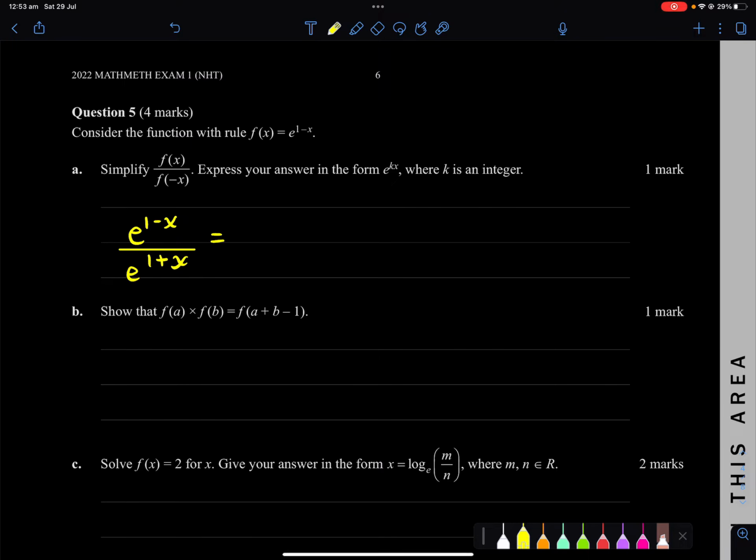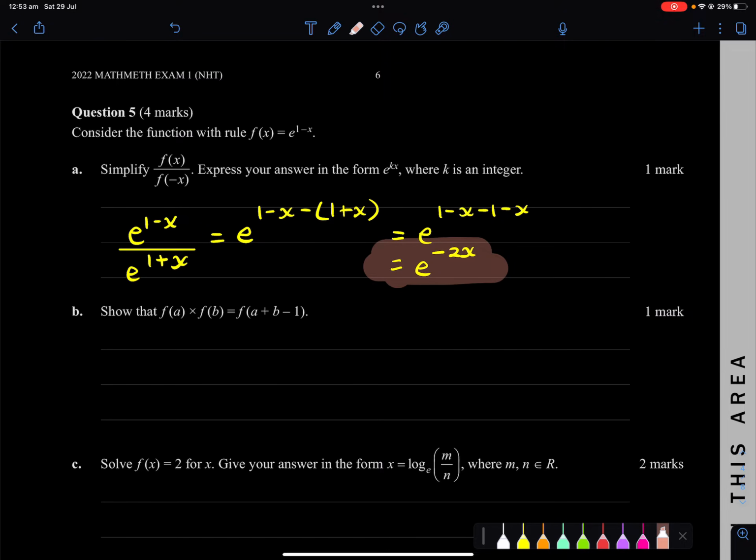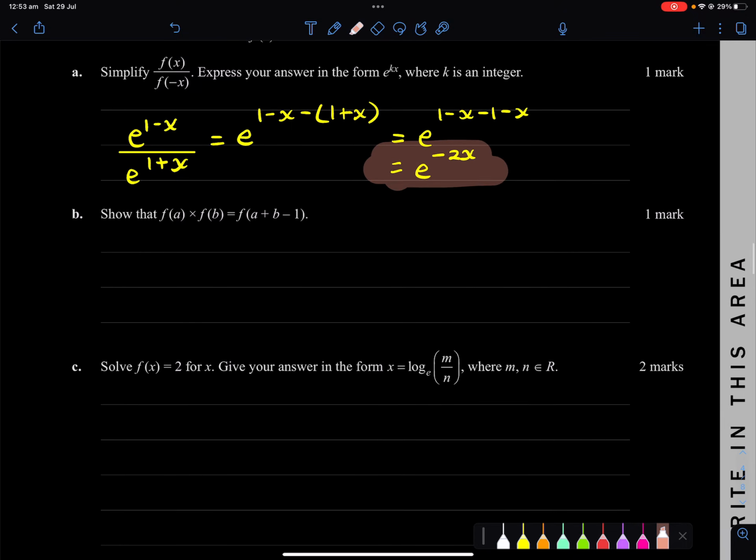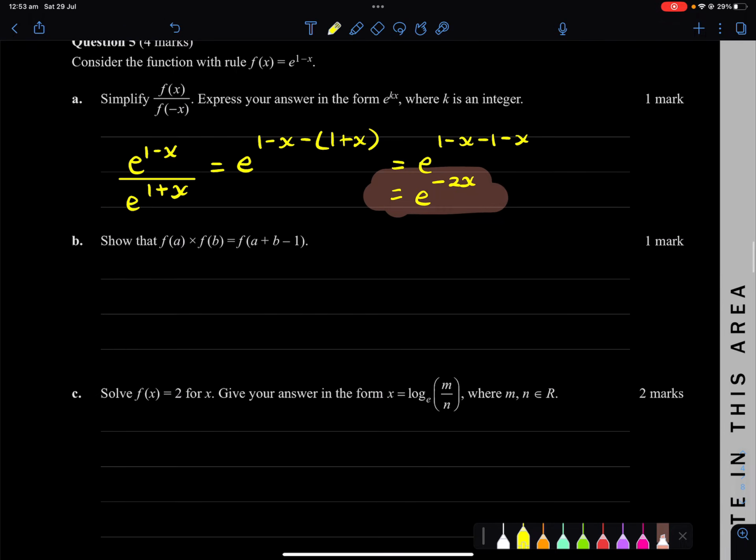Now indices, we know that this will be 1 minus x minus (1 plus x), which equals e^(1 minus x minus 1 minus x), which therefore gives your answer, minus 2x. So that's your answer. Do we get it in the right form? You express your answer in the form e^(kx), where k is an integer. Okay, perfect.